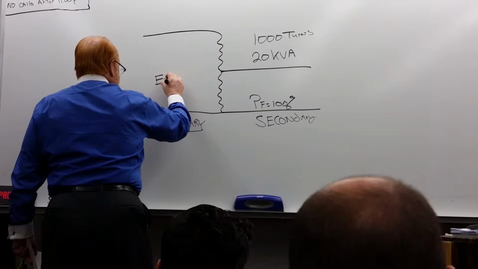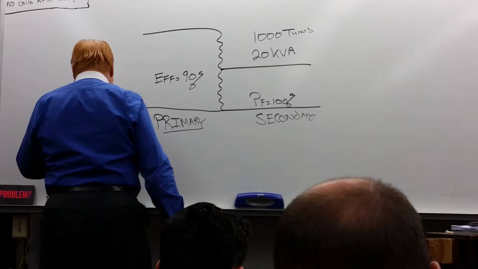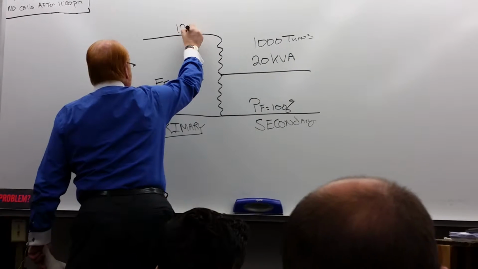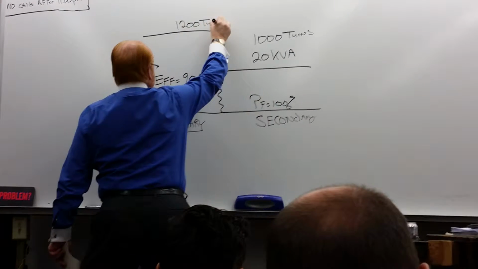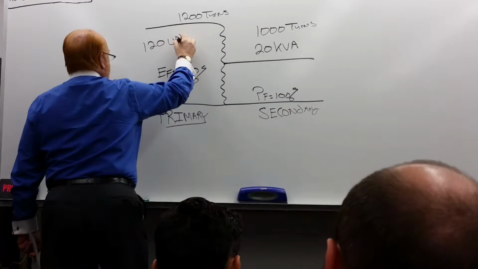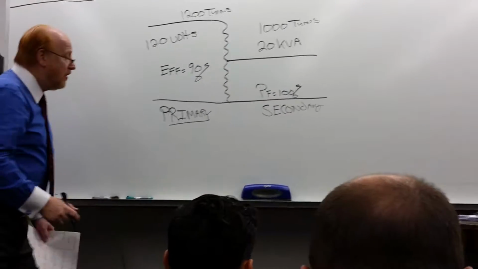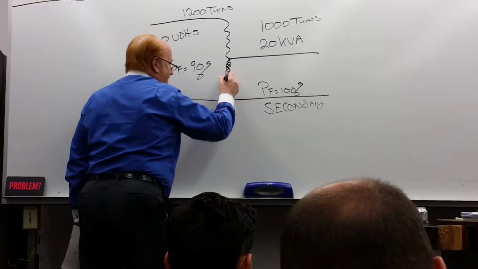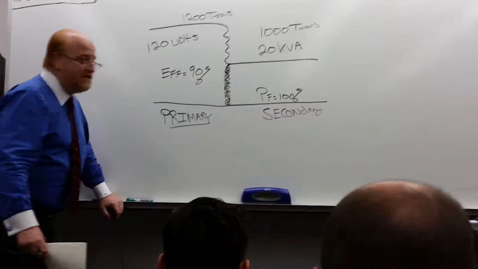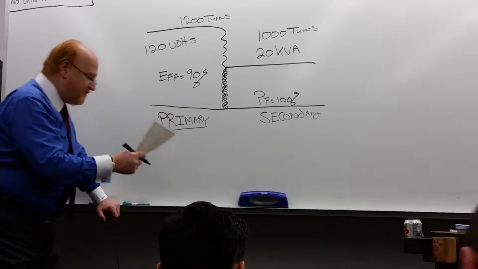In this case, they're giving us an efficiency of 90%, 1,200 turns on the primary side, and they're giving us 120 volts. They're looking for the current in the common area, but we have other units in here now, such as the power factor, such as the efficiency.